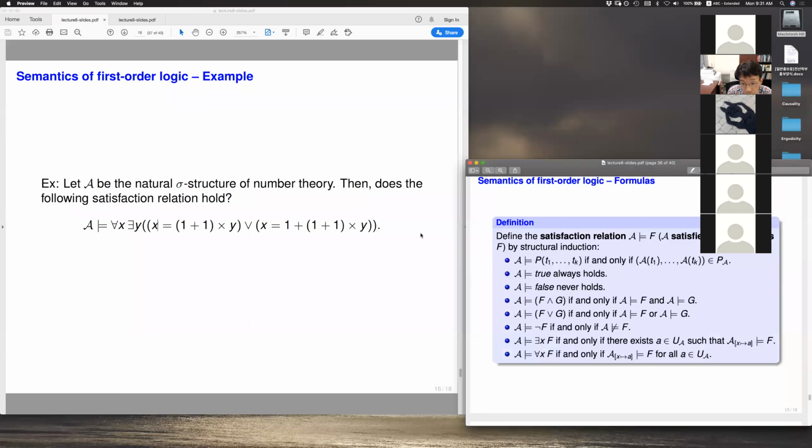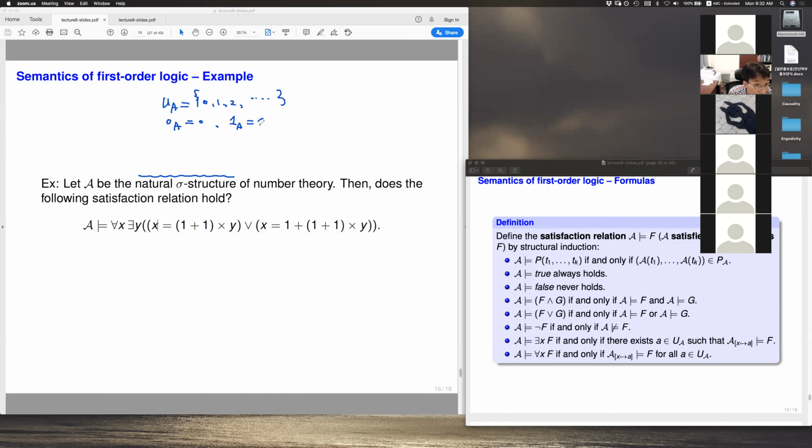So there's a semantics, and then the natural sigma structure. This means the underlying universe is the set of natural numbers. And then the interpretation of the constant is equal to 0, and 1 is equal to 1.